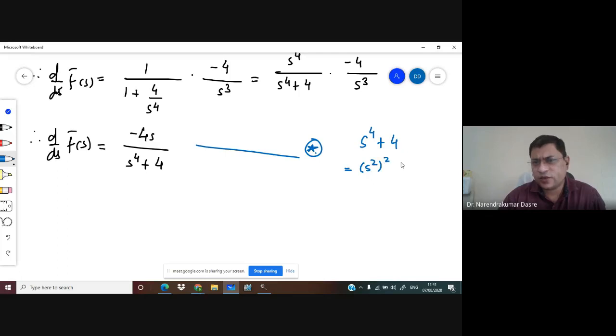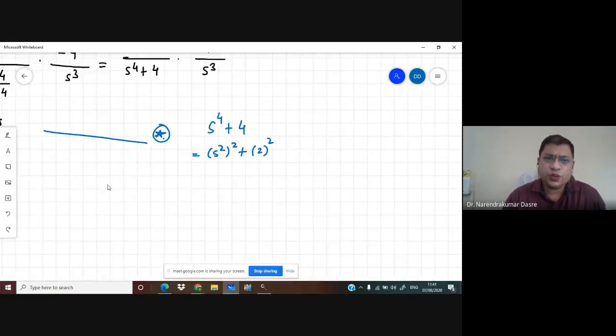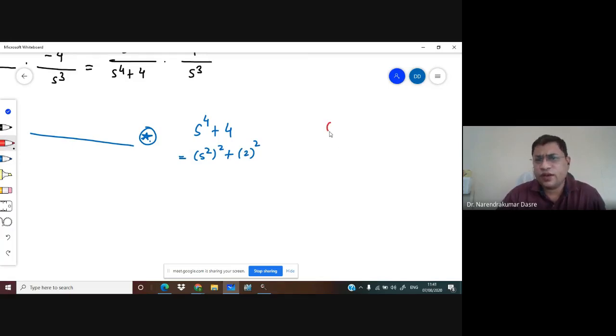I can write this as s square, whole square, plus 2 square. So I have precisely a square plus b square. Then what we know is a plus b, whole square, is equal to a square plus 2ab plus b square, or if I have minus here, then I'll have minus there.